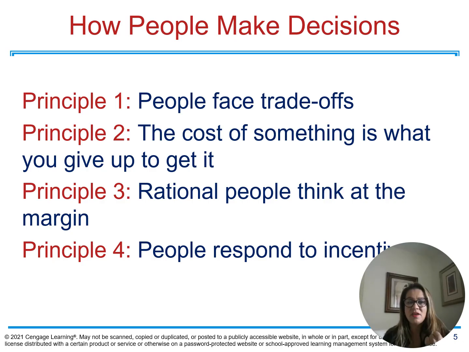Principle number three talks about how people make decisions at the margin. So in economics, we believe that people are rational. We will describe what we mean by rational people, and we believe that rational people think at the margin.